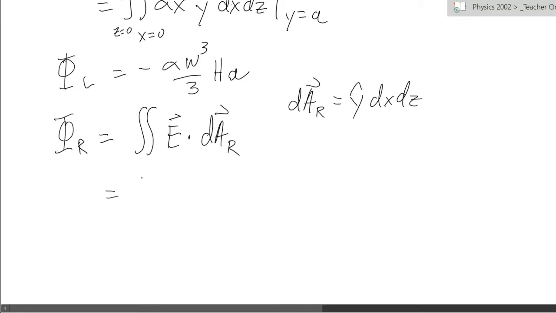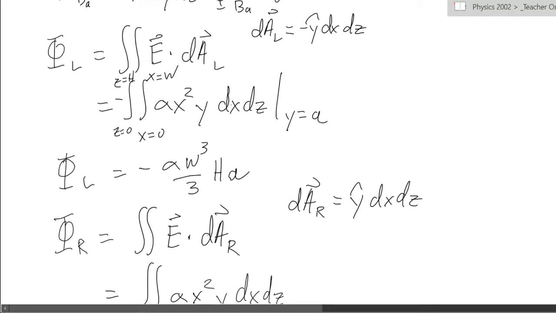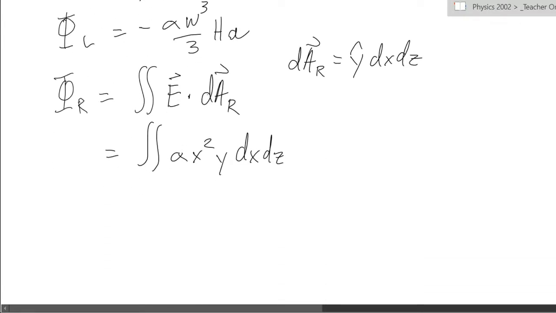And again, we have something very similar, barring the negative sign and barring the value for y. So this is going to be alpha x squared y dx dz without the negative sign, because that negative sign came from the dot product with dA. This goes from x equal to 0 to x equal to w, and z equal to 0 to z equal to h.